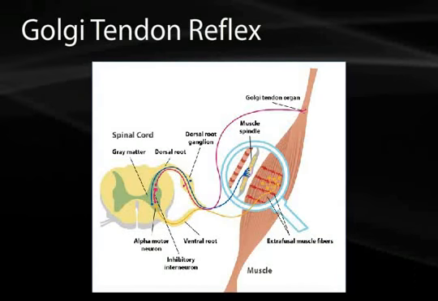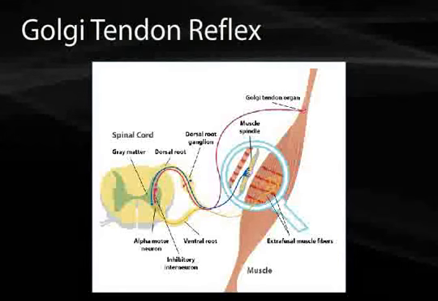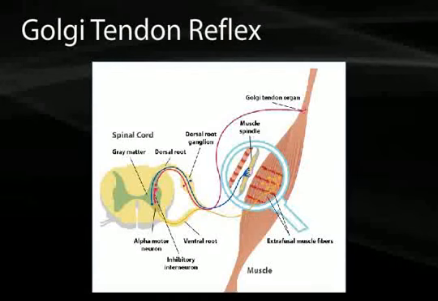That afferent is going to innervate an inhibitory interneuron shown in the spinal cord, also in purple, and that inhibitory interneuron will inhibit the alpha motor neuron that innervates that homonymous muscle. Therefore, when the Golgi tendon organ is activated, it will cause relaxation of the homonymous muscle. This is actually the exact opposite of the deep tendon reflex, and that is also shown in this figure.